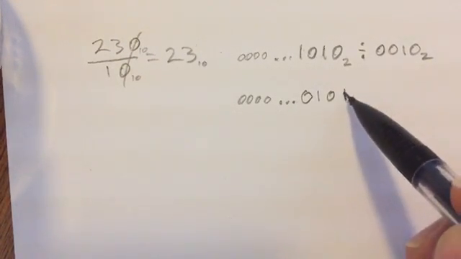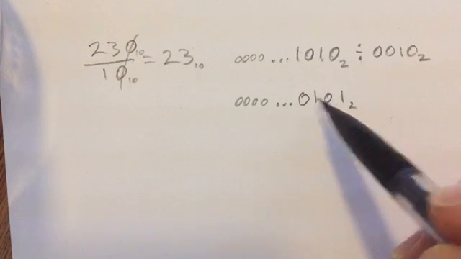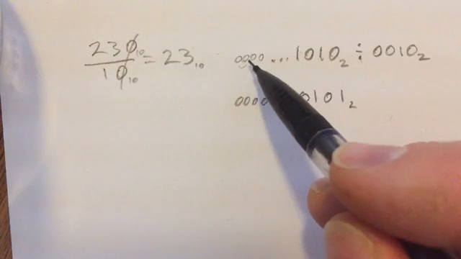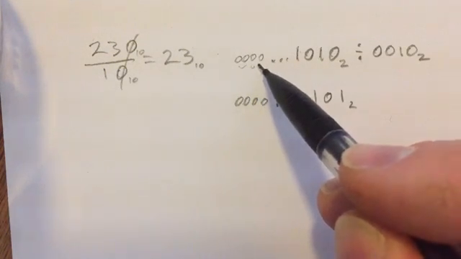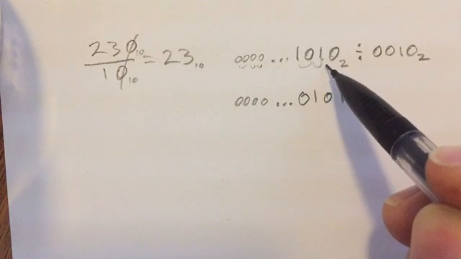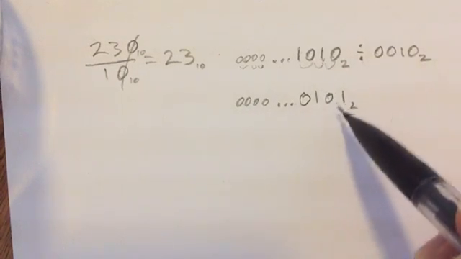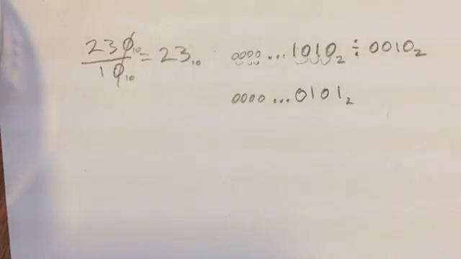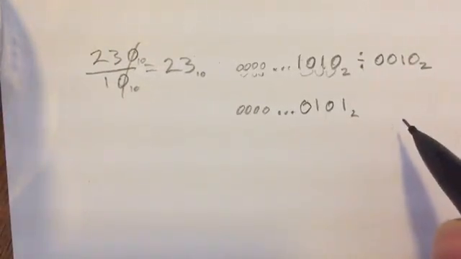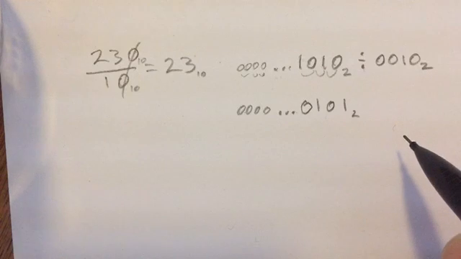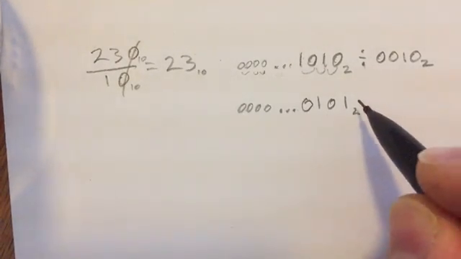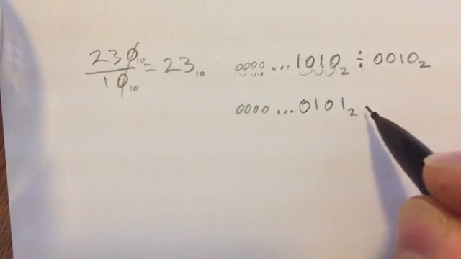We just added in another 0. We moved all of these over 1. Move that over 1, move that over 1, move that over 1. What is really going on here is we are essentially dividing it by some power of 2.